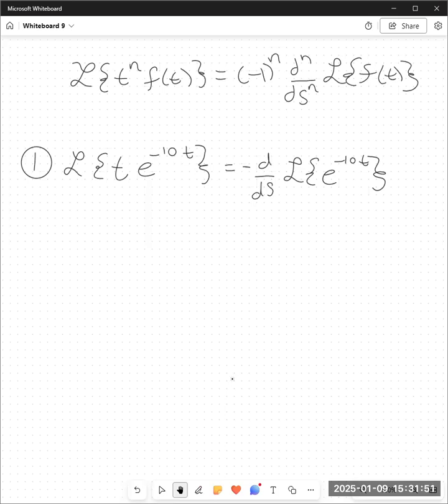Which is also written as negative 1 to the n, d n ds n of F of s, like that. So this is negative d ds of the Laplace transform of e to the negative 10t, which is 1 over s plus 10.